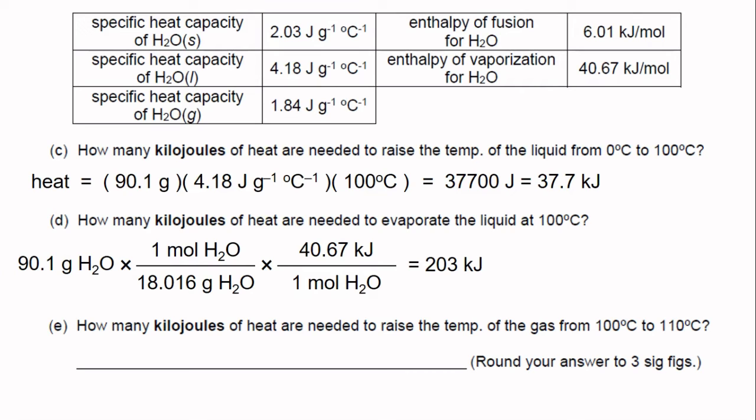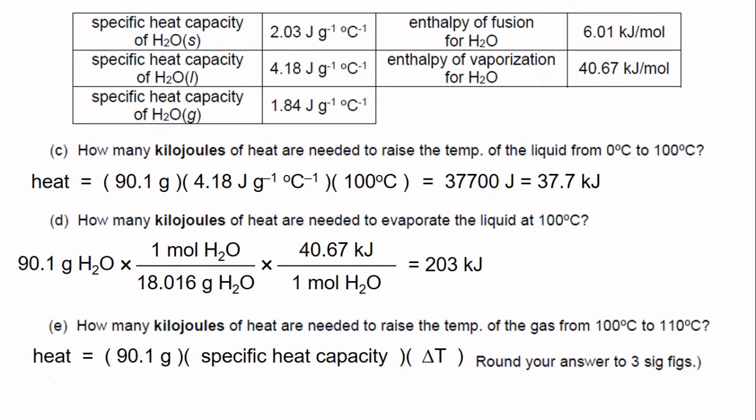Finally, in the next step, we will be raising the temperature of the gas from 100 to 110 degrees Celsius. So we'll use 90.1 grams, that's our mass. The specific heat capacity of water vapor is 1.84 joules per gram degree Celsius, and our delta T is 10 degrees.